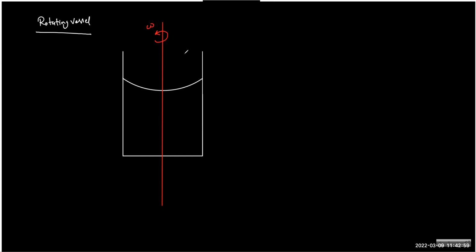The moment you rotate the vessel, what will happen? In case of rotation, as you go away from the axis, will the acceleration increase, decrease, or remain constant? Increase. We know that the centripetal acceleration is omega square r. So as r grows, definitely the acceleration will increase. So this is the case of variable acceleration.